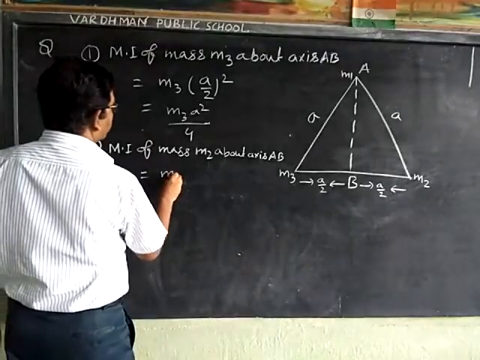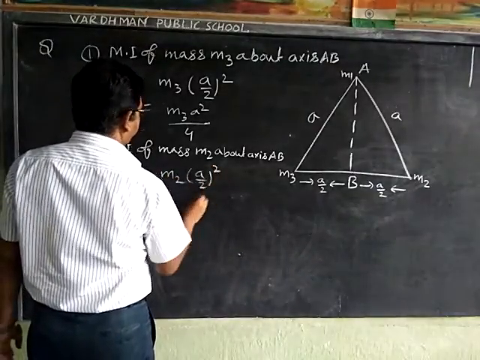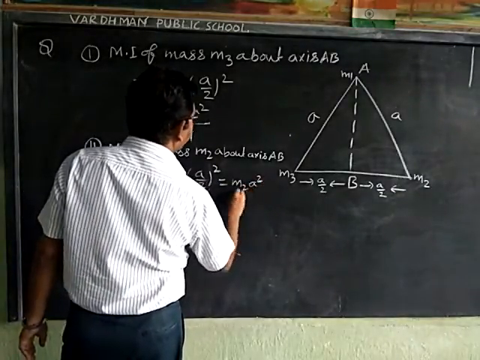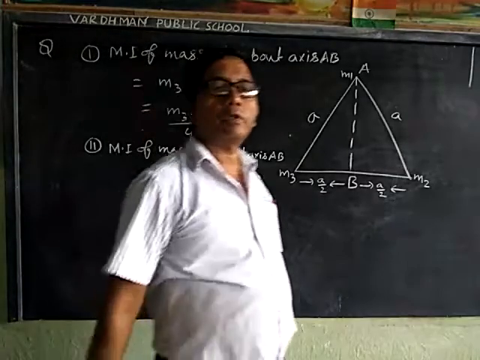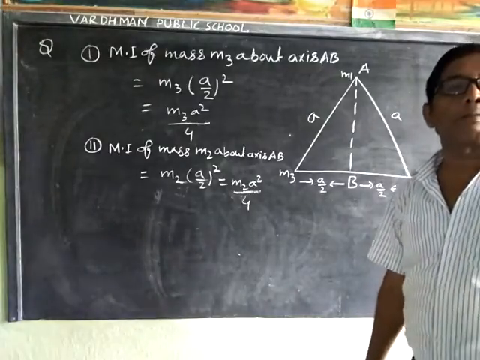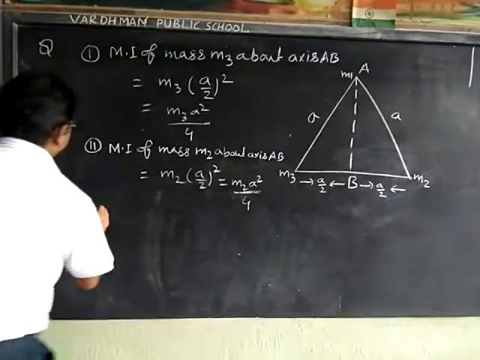This is equal to M2 (a by 2) whole square. This is equal to M2 a square by 4.